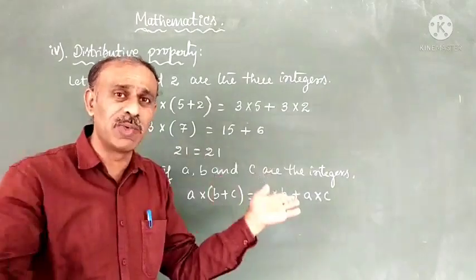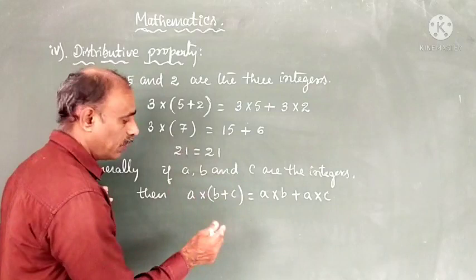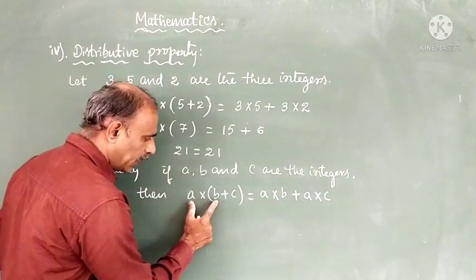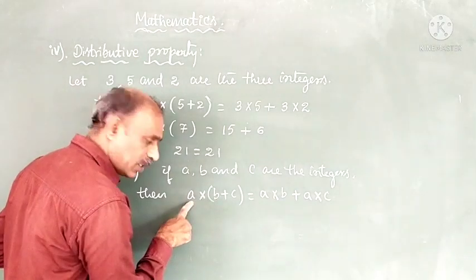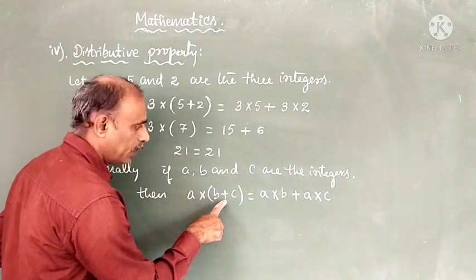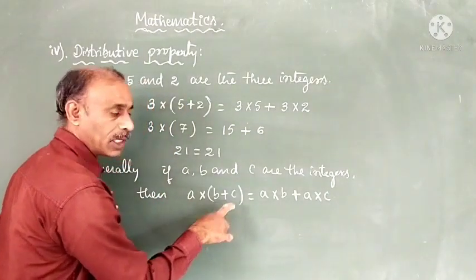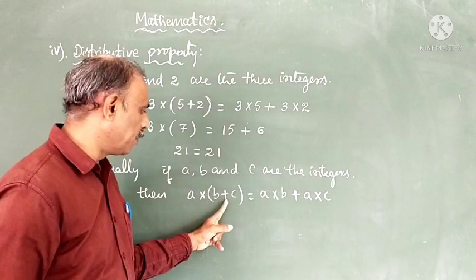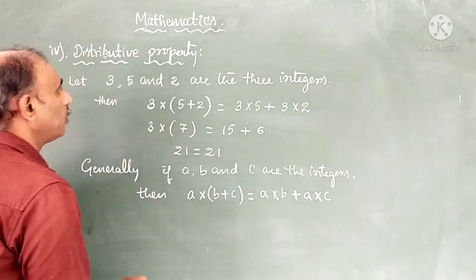This is what distribution is. We are distributing, we are dividing. See, dividing is not division. Okay? See, A into B plus C, and into is there. This A we have to multiply to B, plus the same A we have to multiply to C also. That is A into B plus A into C. This is what we call distributivity or distributive property.